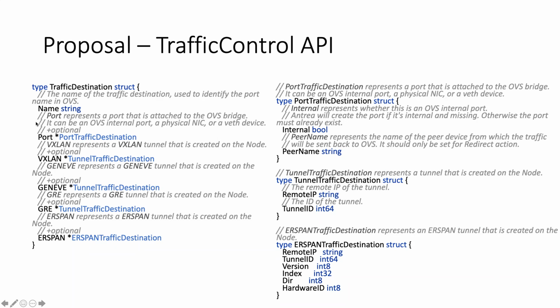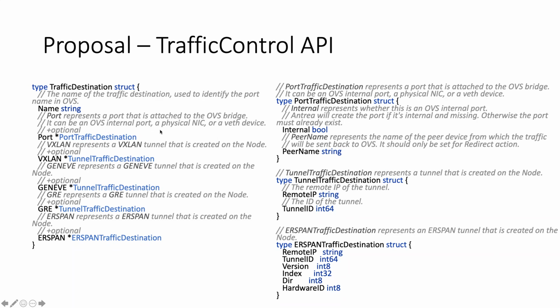We can also support a local port for the scenario that the network analyzer is running on each node directly. So we can just create an Open vSwitch internal port and redirect the traffic to that port. Then the network analyzer could listen to the internal port directly.